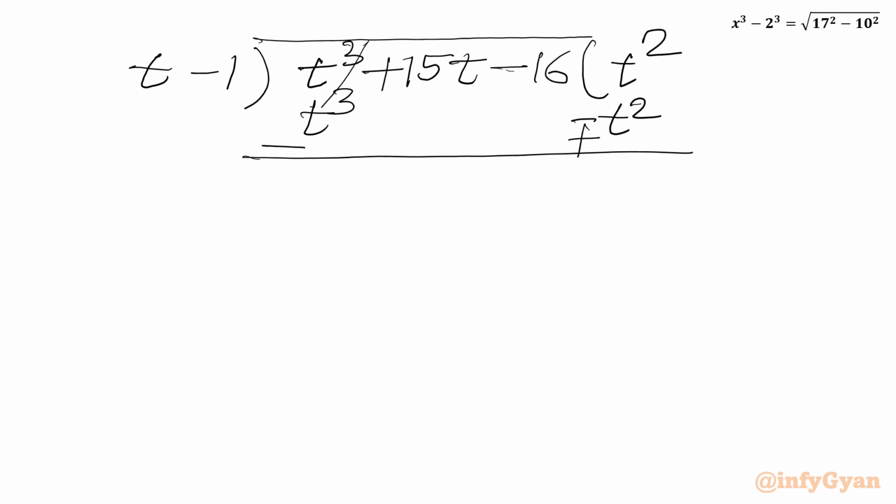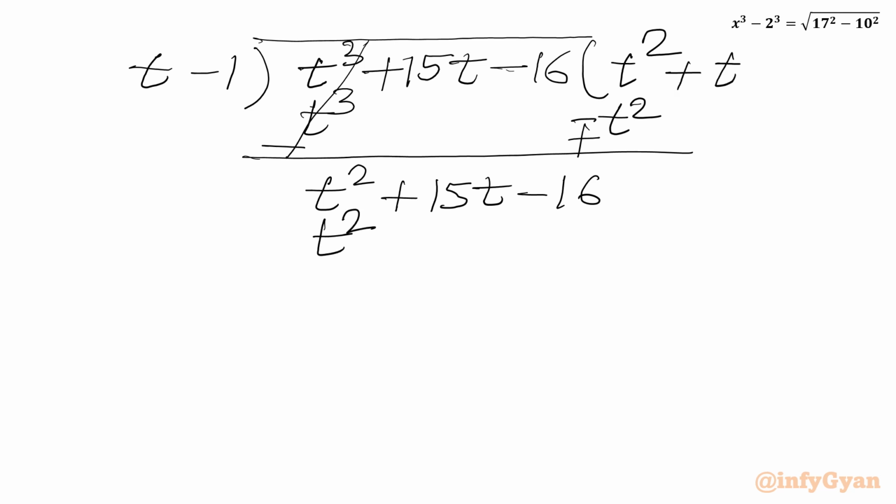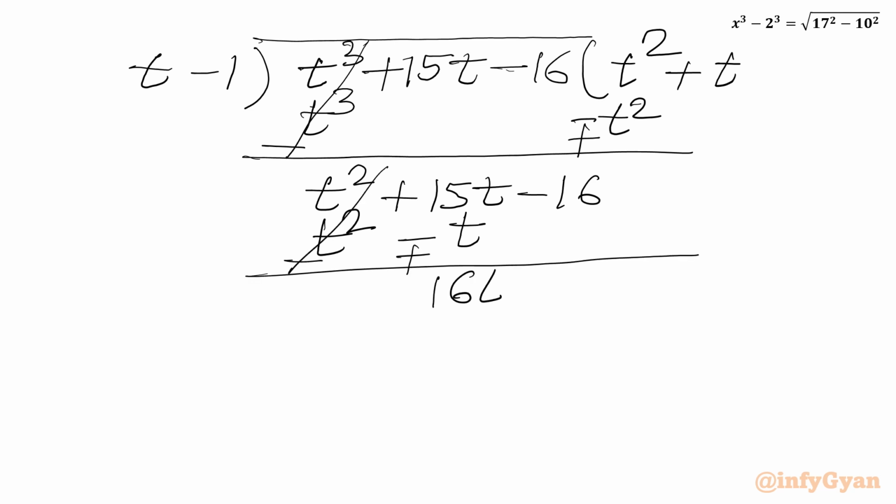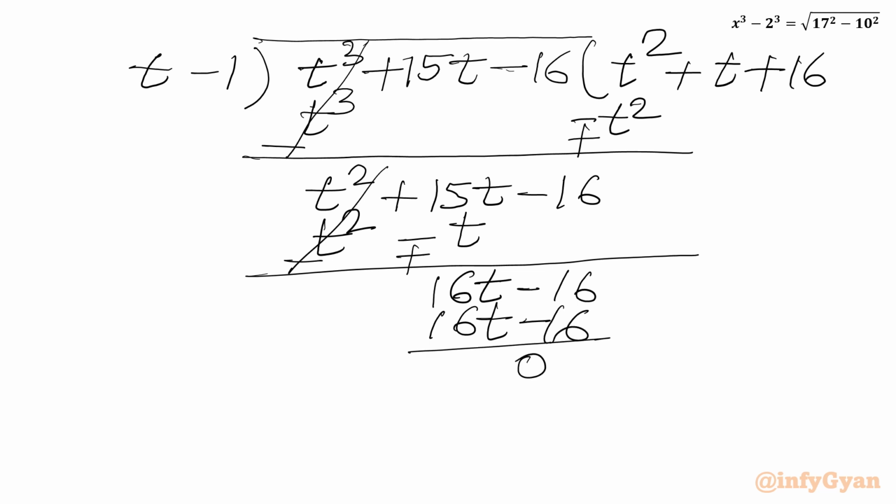I will cancel t cube and minus t cube. So t square plus 15t minus 16. Again I will take t times. So we will get t square minus t. Sign change will be there. We will get 16t minus 16. Now I will take 16 times. So it will give us remainder 0. So here we have the second quadratic factor.